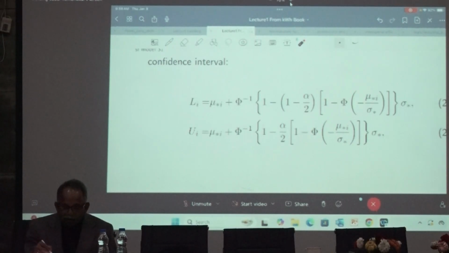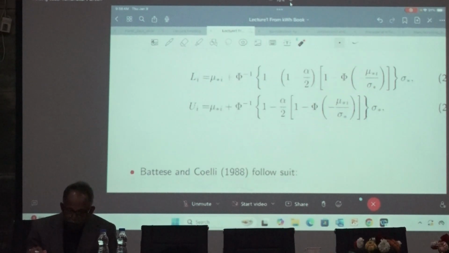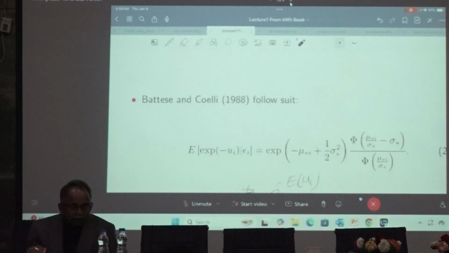So these are the lower limit and upper limit. Stata will give you, or R will give you, not only the point estimates, that means the estimate of inefficiency for each individual, no matter whether those are individual students like you, or individual farmers, or individual companies, and things like that.